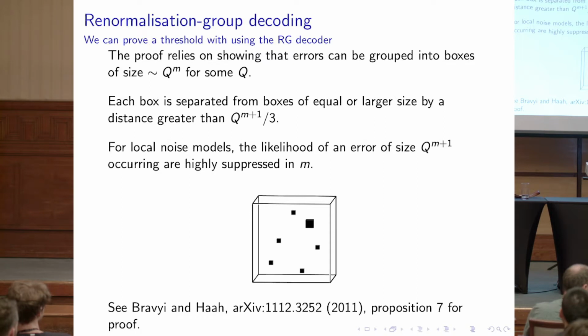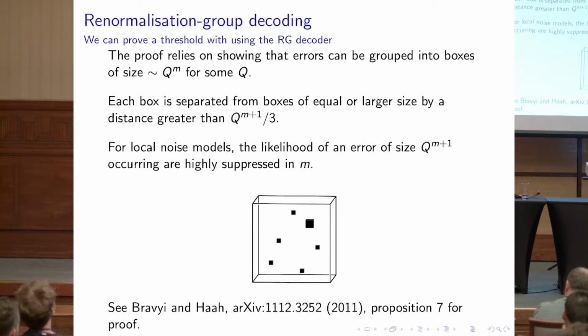So they look at errors in terms of what they call the chunk decomposition. You define a chunk recursively. A level n chunk is the disjoint union of two n-1 chunks that are suitably close together, and a level 0 chunk is just a single error.